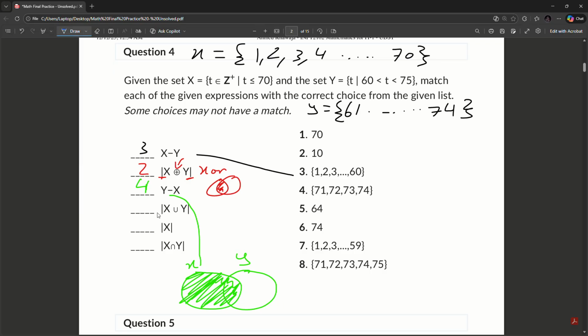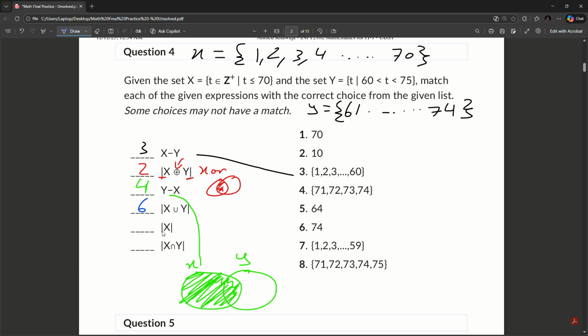And now the number of items inside x union y, which is everything inside x and y, is a total of 74. 1 to 70, and since it's common from 61 up until 70, it's 1 to 70, then 70 to 74, which is a total of 74 values.